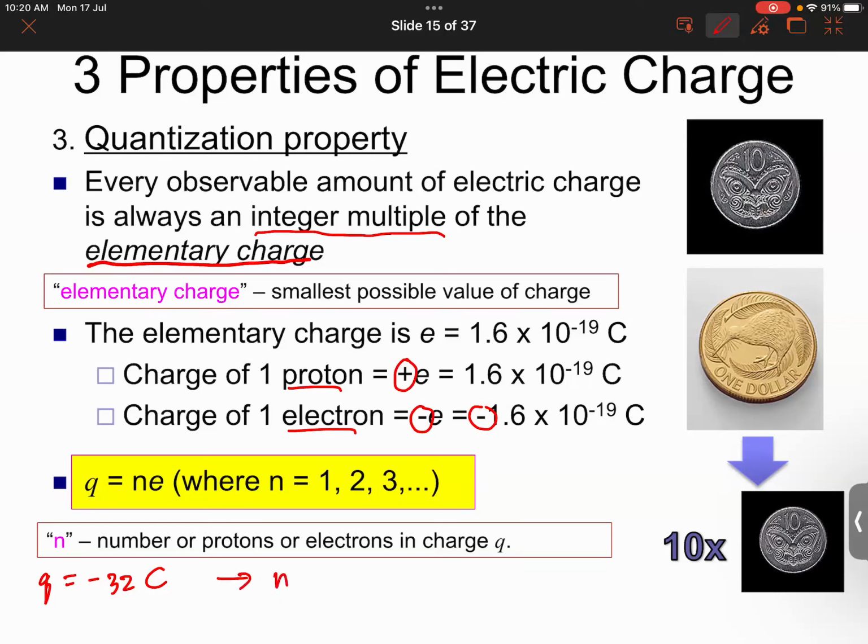Then you can determine the number of electrons. We know there are electrons there because it's a negative charge. Then you can determine the number of electrons to be the amount of charge, negative 32 coulombs, divided by the elementary charge, negative 1.6 times 10 to the negative 19 coulombs.